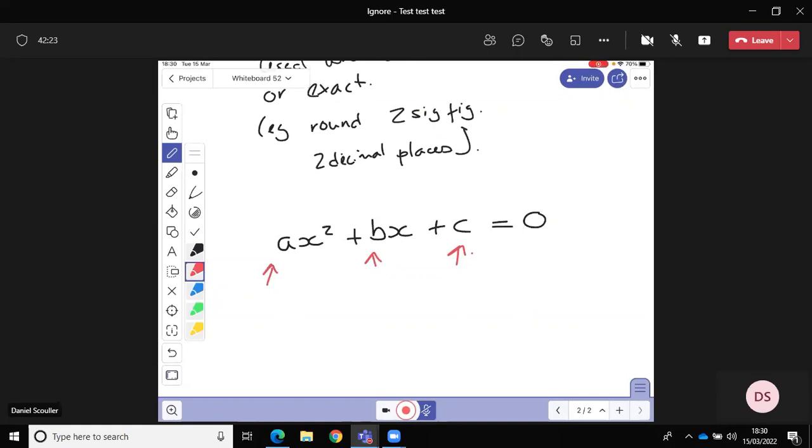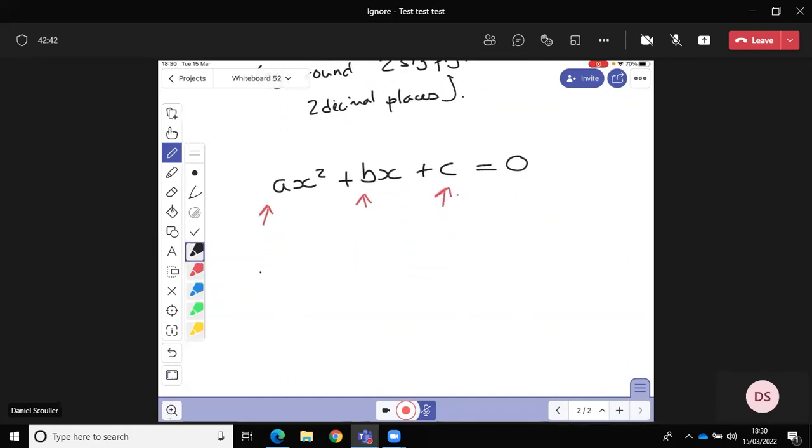So a, b, and c will change. It's the form of ax squared plus bx plus c, but a, b, and c will change. And it's these a, b, and c that we're going to use as part of our equation.